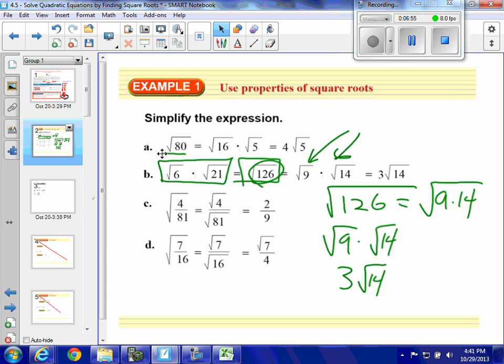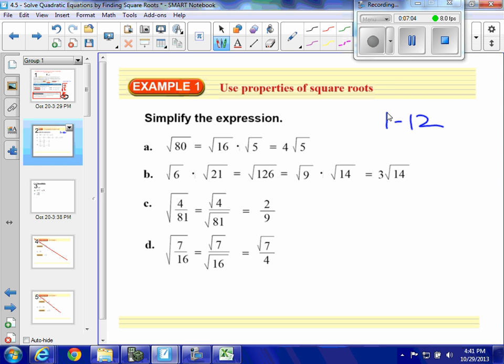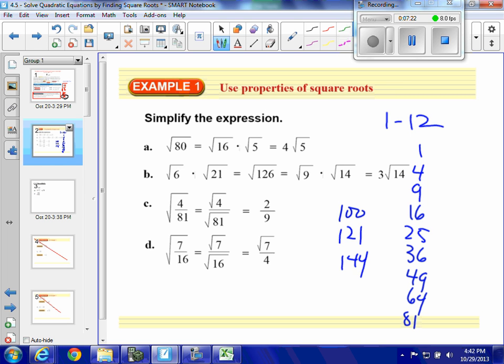But one thing that you should really do, this is important, you should memorize your squares from 1 to 12 at least. 1, 4, 9, 16, 25, 36, 49, 64, 81, 100, 121, 144. You should memorize those. You should just know those just like I did.